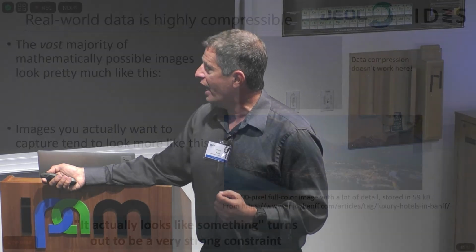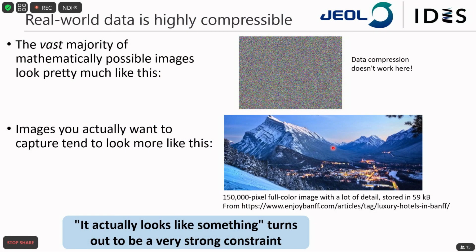So real world data is highly compressible. So not just like 95%, but 99.9999 whole bunch of 9% of mathematically possible images look like absolutely nothing. So the mathematical constraint that it actually looks like something reduces you down to an astronomically tiny sample of the possible images that you could capture, and that's why compressive sensing and denoising and stuff have any chance of working at all.